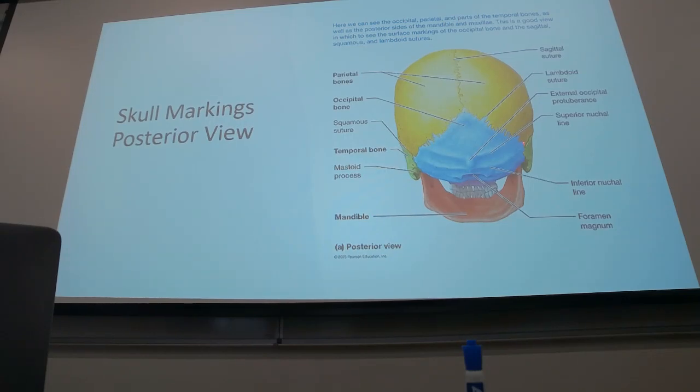So this is a superior nuchal line, and then below the superior nuchal line we have another line that runs from left to right or right to left. This is the inferior nuchal line. And in between we have this protuberance that is called external occipital protuberance.